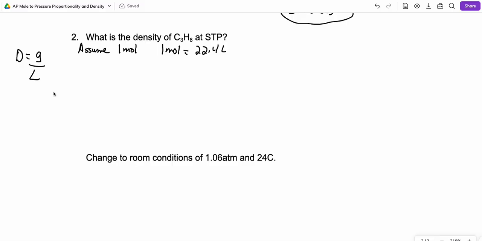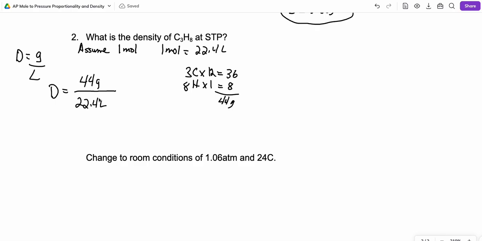So when I do the density equation, I get the bottom number to be 22.4 liters. I just got to get the molar mass of C3H8, so 3 carbons times 12, that's 36. And there's 8 H's times 1 is 8. So 36 plus 8 is 44 grams. So the molar mass is 44 grams.